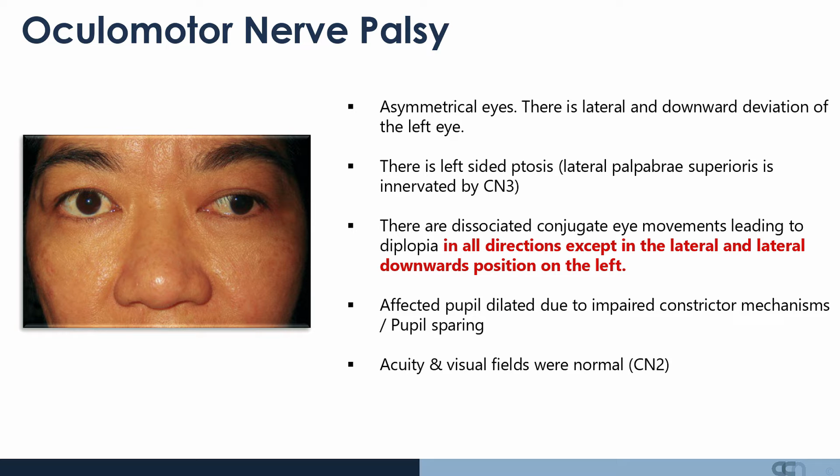There's lateral and downward deviation of the left eye. There is left-sided ptosis due to the denervation of the levator palpebrae superioris, and whenever the patient moves their eyes, there are disconjugate eye movements leading to diplopia in all directions of gaze except when looking in the direction of the affected eye.